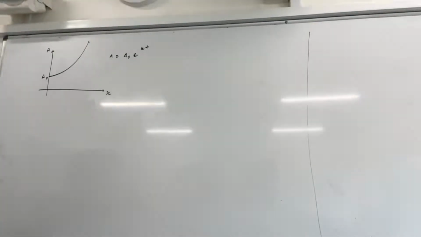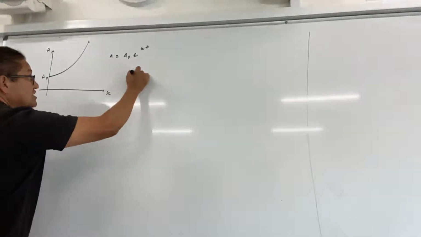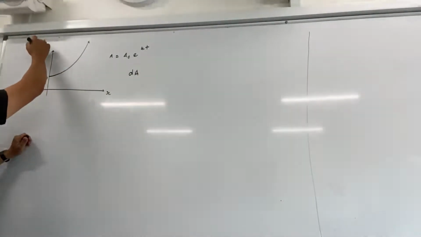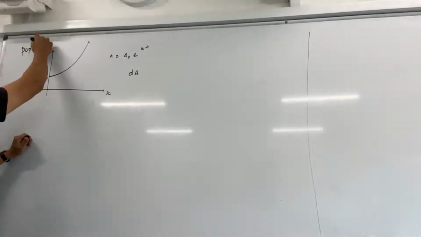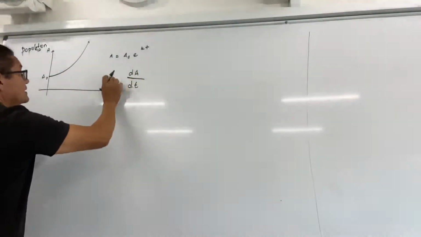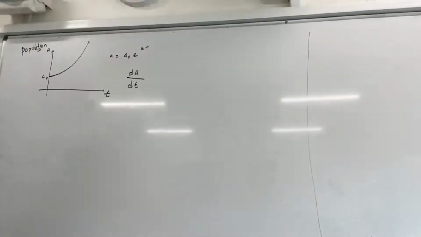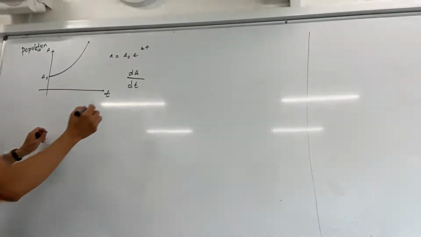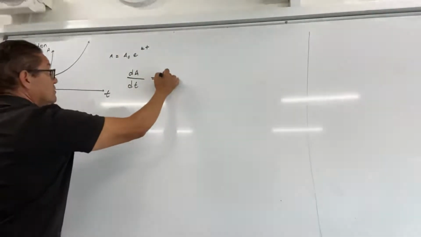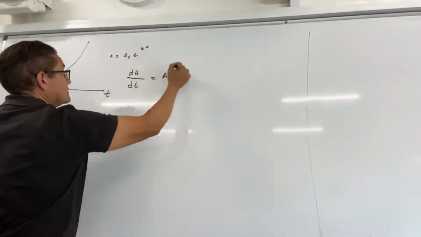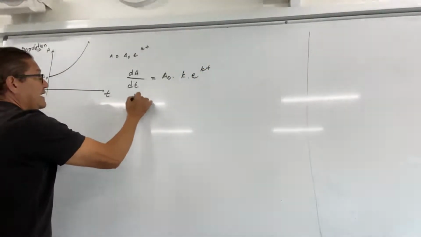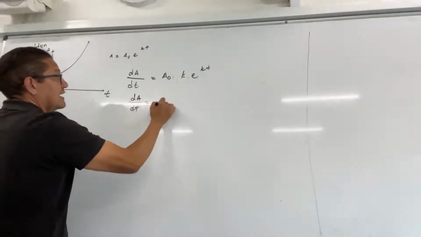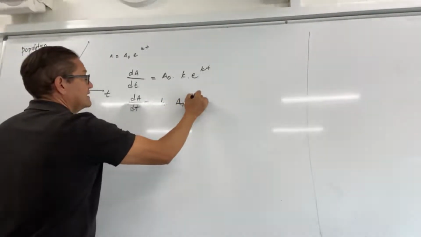Now think about the rate. The rate is the rate of change of the population. So let's call that the population over time. Let's call that time, not x. When I do that, A0 is a constant. That becomes k e to the kt, dA/dt = k A0 e to the kt.